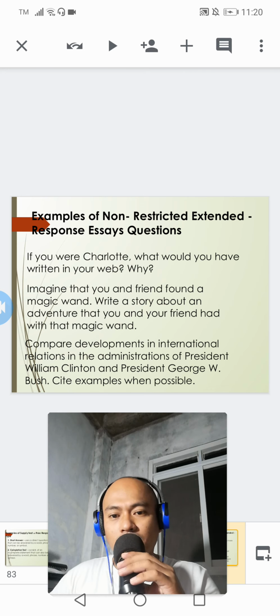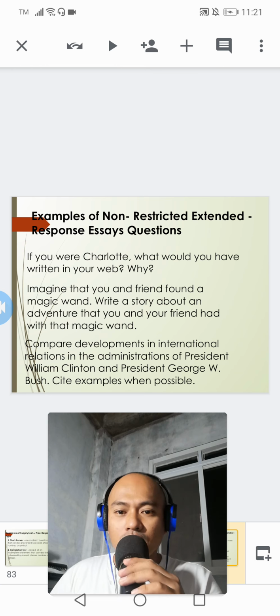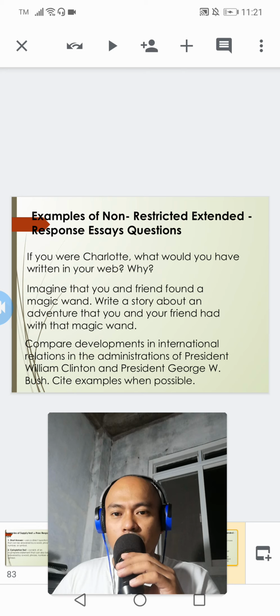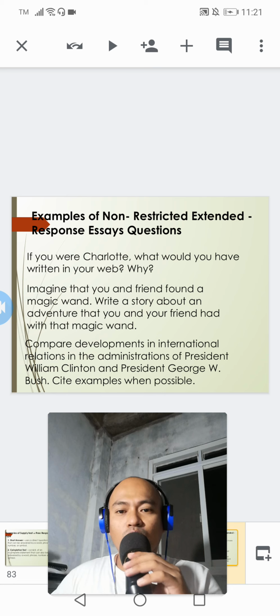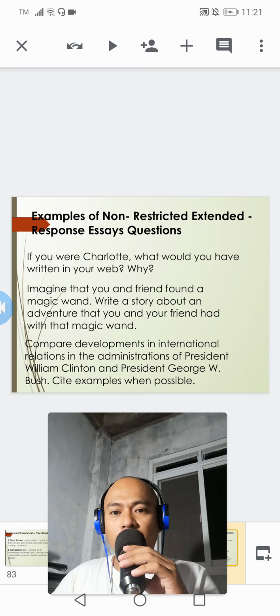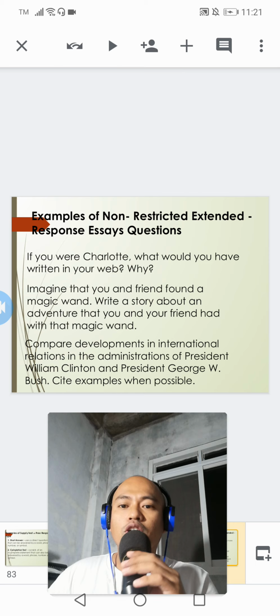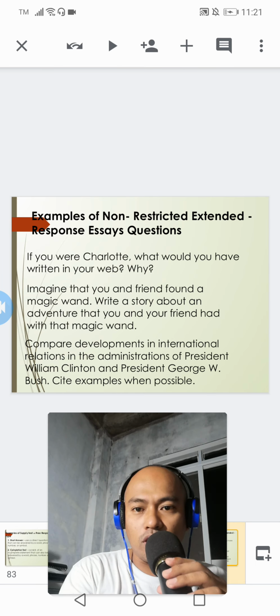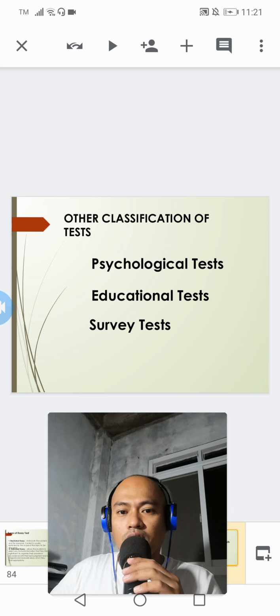Remember, we are answering an essay question in this case, so it is open, since the one who presented this question lets the test taker cite examples when possible. So in this case, we are trying to extend the discussion of this comparison on the development in international relations in the administration of William Clinton and George W. Bush. So still, the third one is an example of an extended essay question.